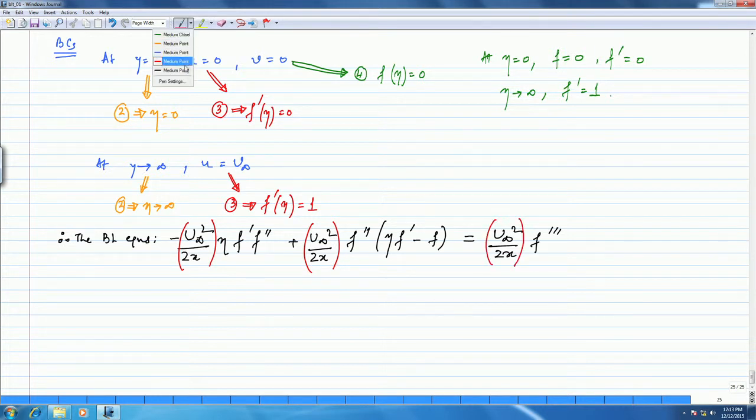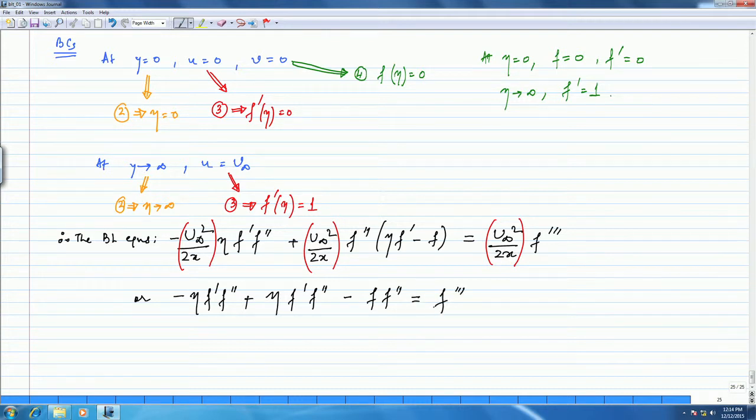Then what I get from here is minus eta f dash f double dash plus, expanding this, eta f dash f double dash plus f f double dash is equal to f triple dash.